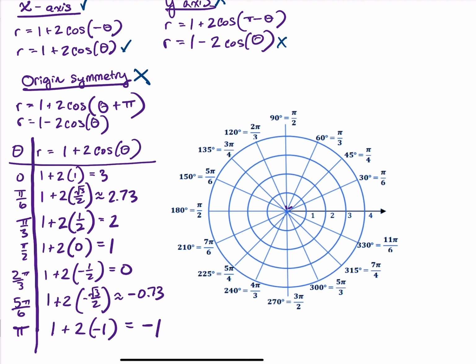So our first point is 3, 0. We'll have a nice point here. Then pi over 6, 2.73. So roughly here, and we'll get a symmetrical point across the x-axis. Then pi over 3, 2. And another symmetrical point.